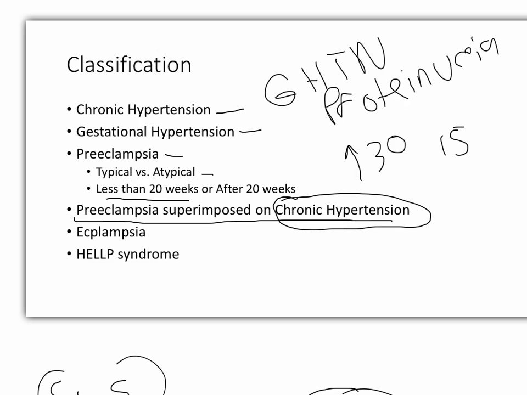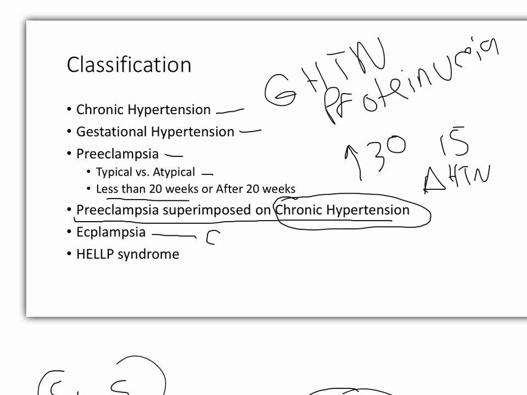For example, Williams Gynecology likes to use the concept of delta hypertension, and I'll let you look that up. It's a little bit complex, but it's based on the intervals of the 95th percentile of the blood pressure of normal women. Then lastly, there's eclampsia. Preeclampsia is what happens before you become eclamptic.